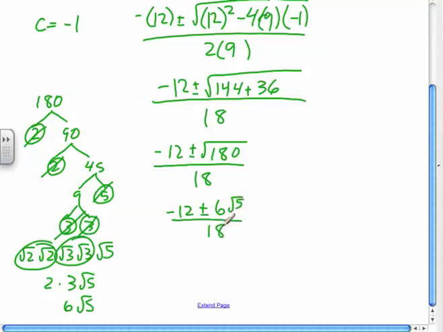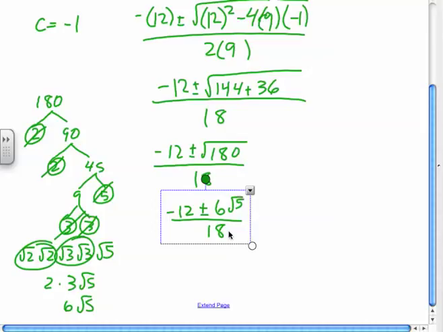But gentlemen, this is a very important thing to see, and you've got to do it. You have to do it. There are two terms on the top, the negative 12 and the 6 root 5, and there's a number on the bottom, 18. Okay? We are going to reduce this. What number goes into all of these terms, please?